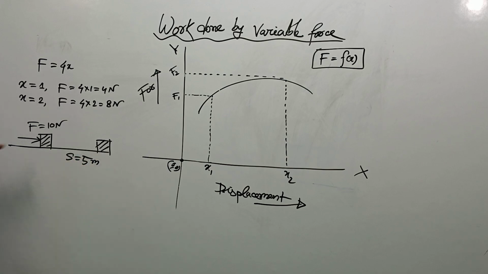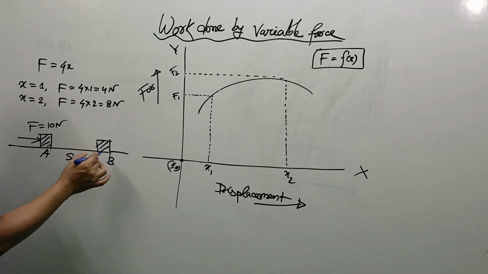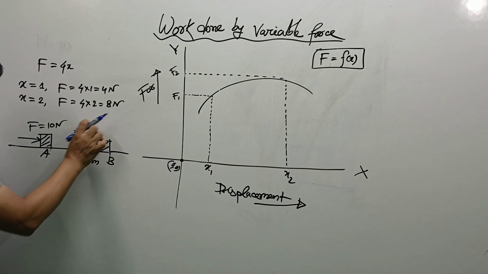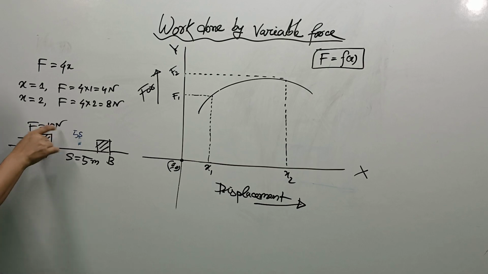Okay. In this situation, this is the magnitude of force. When the body goes from A to B, we do not change this force all the time. Suppose the body takes 5 seconds to go from point A to B.